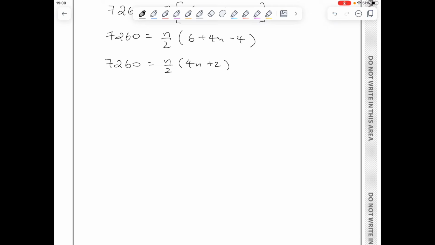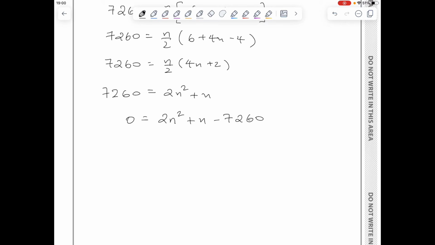So now let's expand. 7,260 equals 2n squared plus n. Let's take everything to the right. So 0 equals 2n squared plus n minus 7,260. Now you have to solve this quadratic.